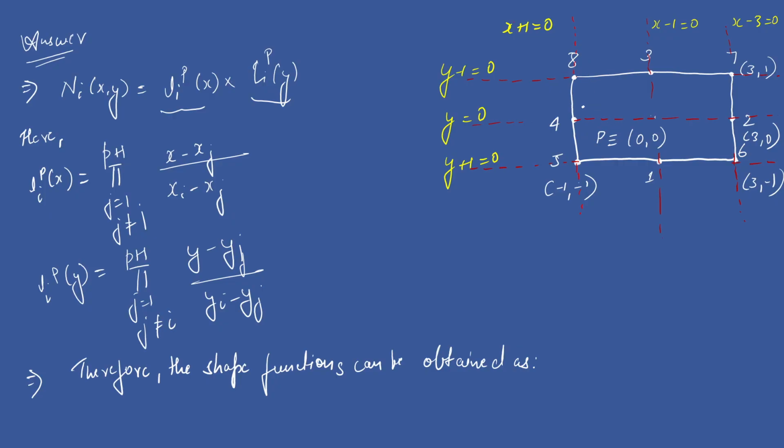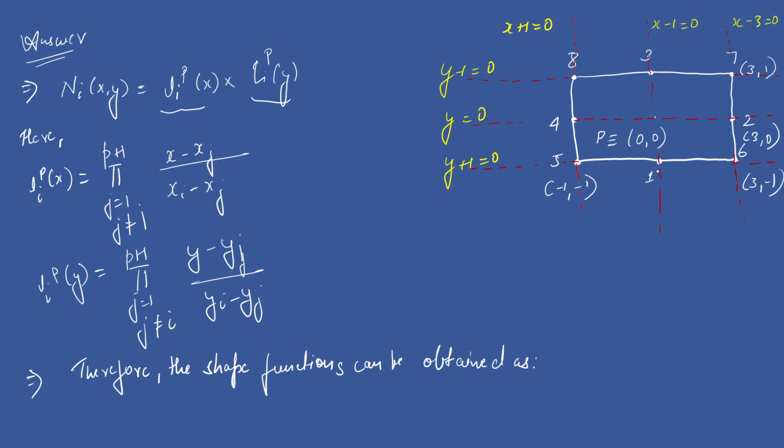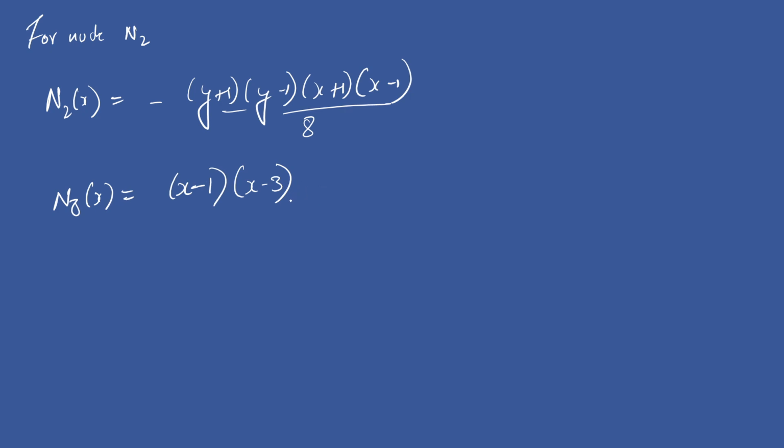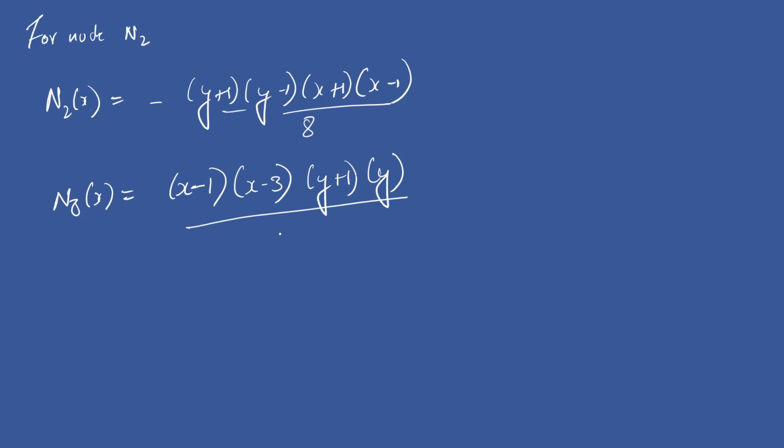x minus 3, right? Or n at y, so basically x minus 1 and then you are having x minus 1 and x minus 1, yeah, y plus 1 and then y you are having. So accordingly it's 16.